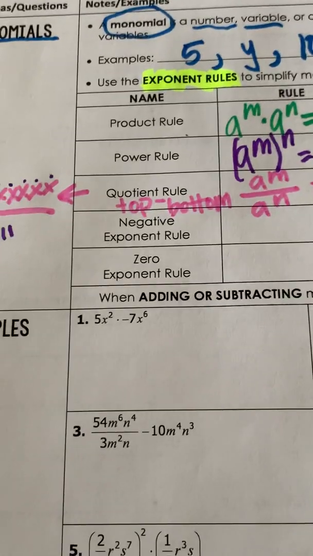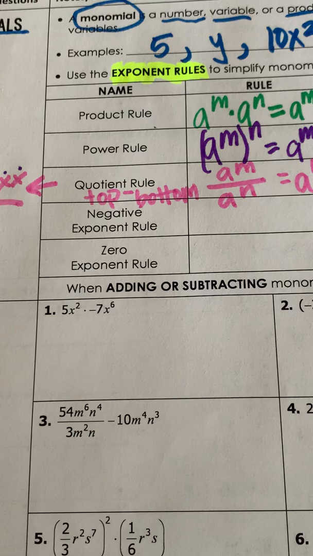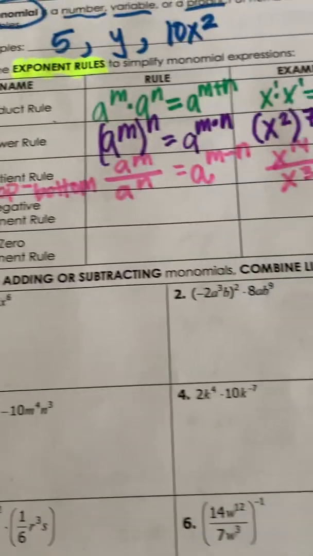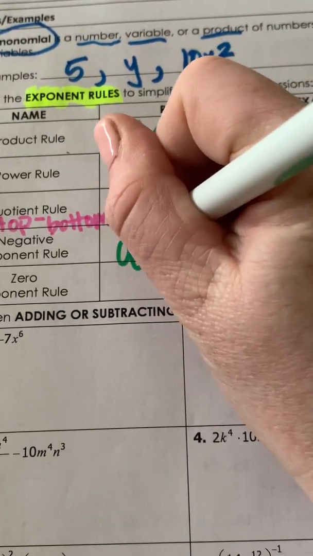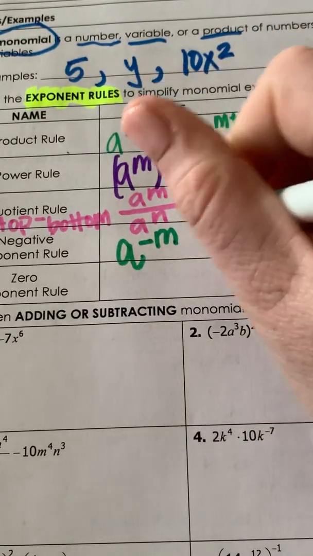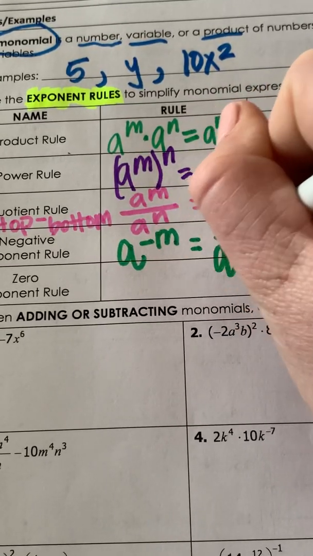They always do. Okay, the negative exponent rule is kind of a rule of math. We can't have a negative exponent in our answer. So if you're given something like a to the negative m, this would be 1 over a to the m.